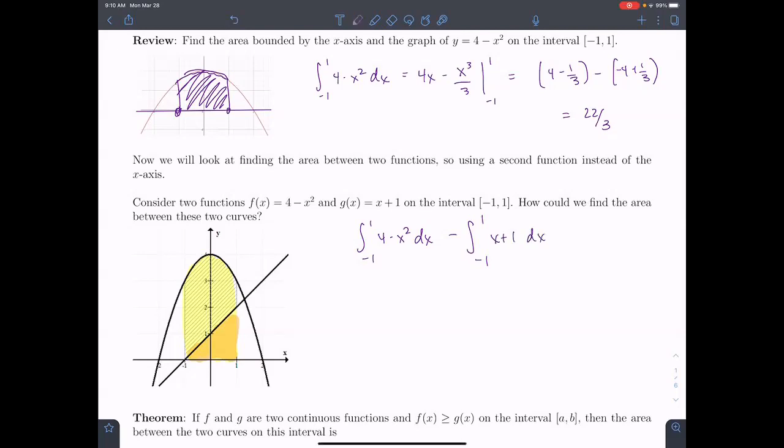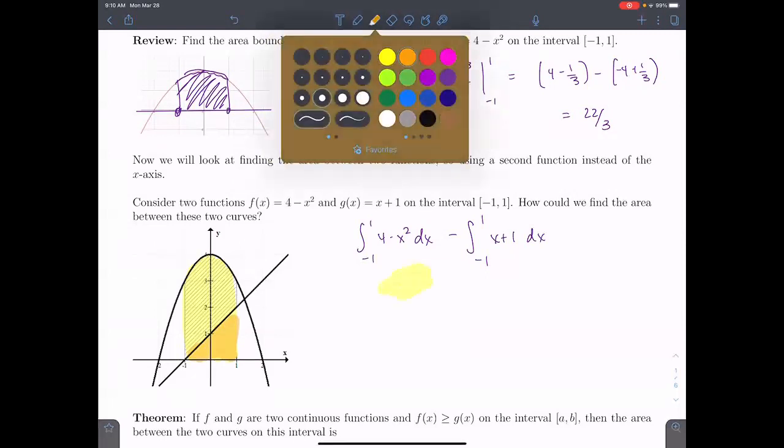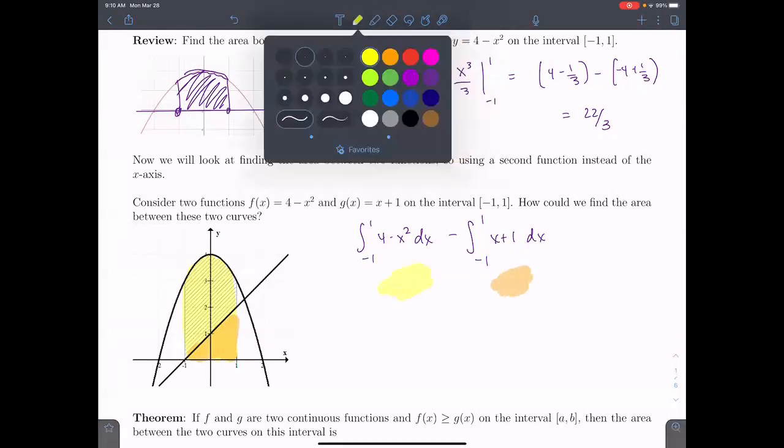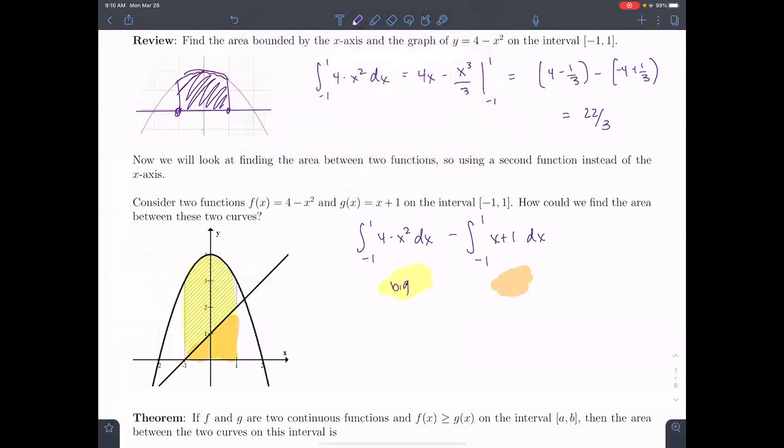So you're looking at a big area minus the smaller area. And that will give you just that shaded green part. It's the area trapped between the two curves, top curve minus the bottom curve.